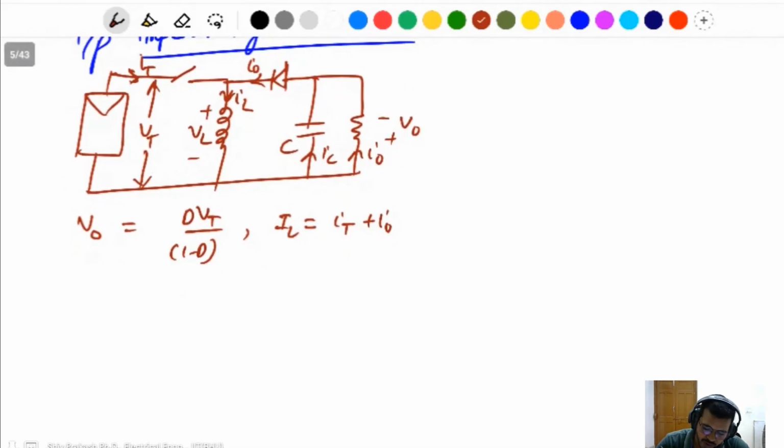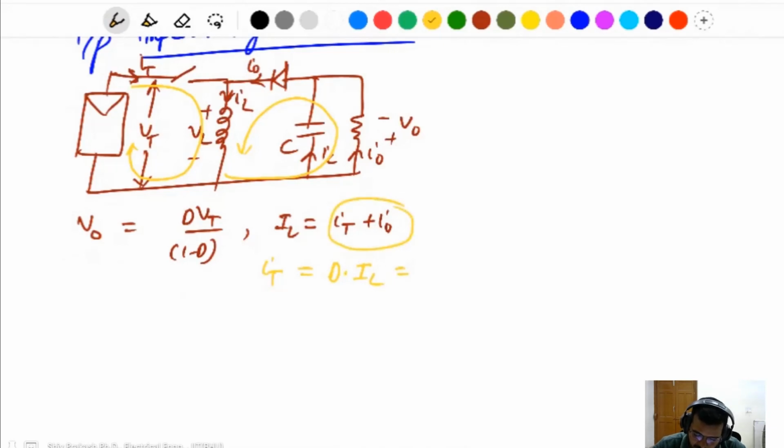And you know when the switch is on, this current will flow, and when the switch is off, then this current flows like that. It means the average of the input current is D, when the switch is on, times the average of the inductor current, and the inductor current average value is the same as It plus I naught. That's why you can write this one is It plus I naught.